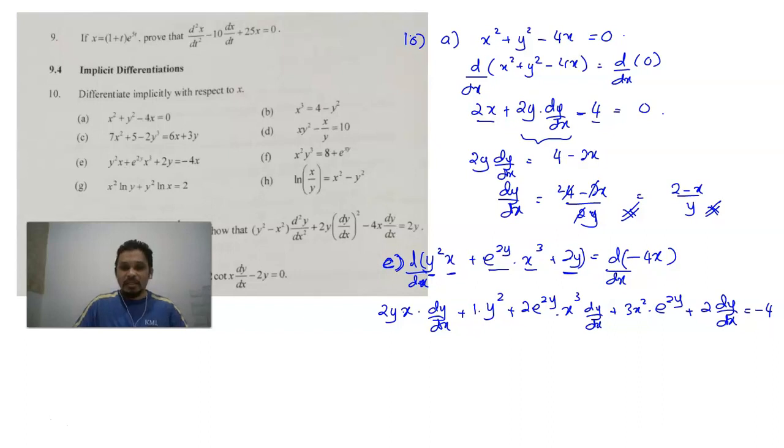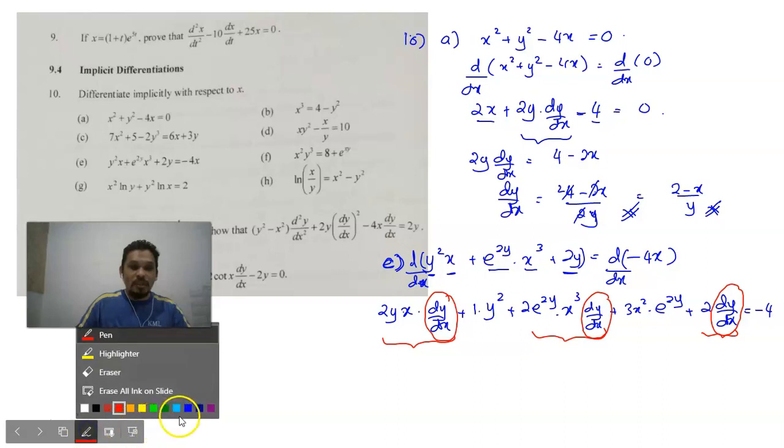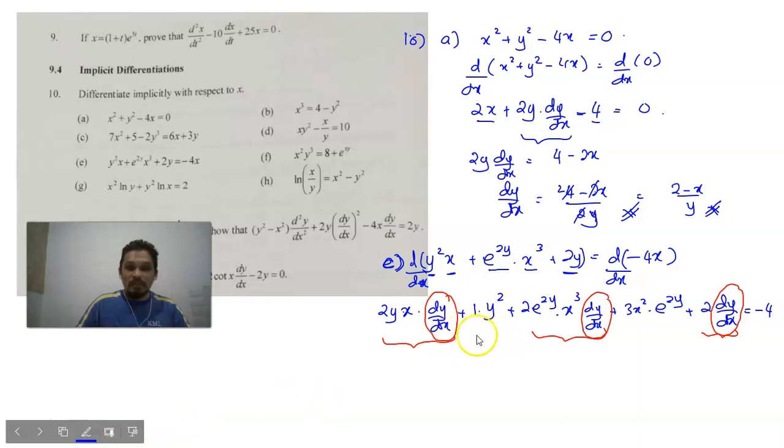Look at this now. We got this with dy/dx, we get this with dy/dx, and we get this with dy/dx. So the terms with dy/dx we put all together on the left side, and the ones without dy/dx we bring to the other side.